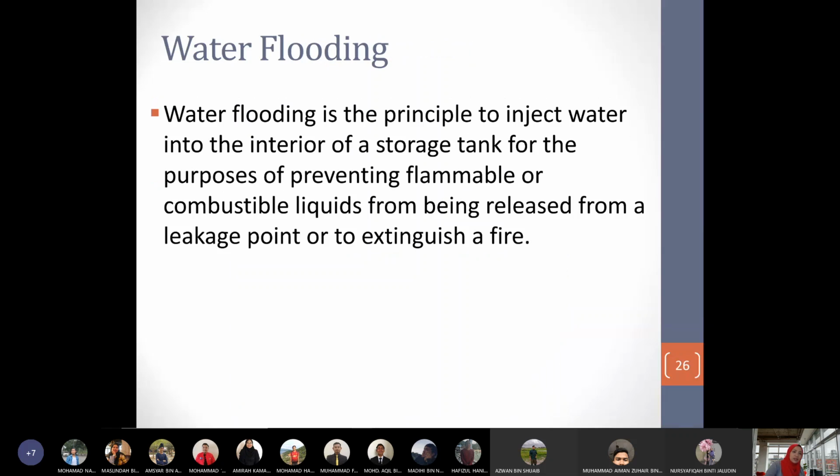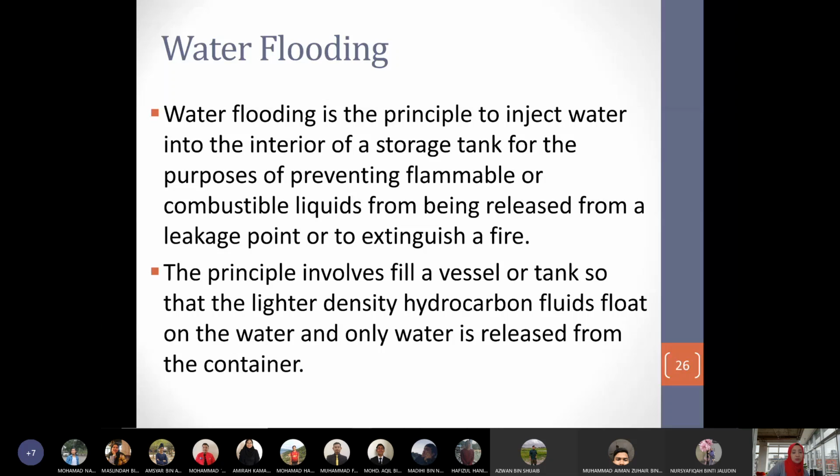Okay. Water flooding. Water flooding is the principle of injecting water into the interior part of a storage tank for the purpose of preventing flammable or combustible liquids from being released from a leakage point, or to extinguish the fire. So there are different reasons for doing this. One is to stop the combustible liquid from being released from a tank, as well as to use it to extinguish a fire.